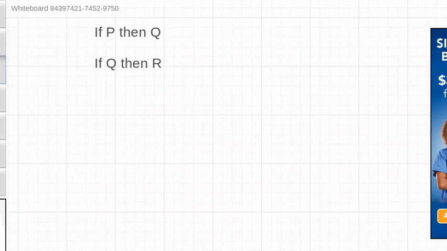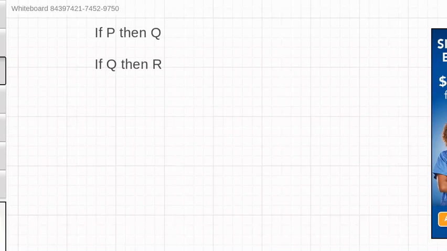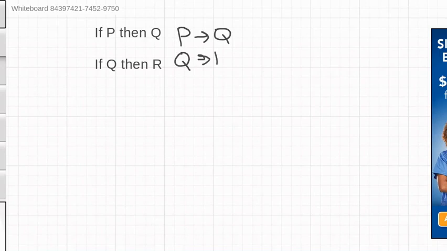Now, let's move on to the law of syllogism. Given the two following statements are true, if P, then Q, if Q, then R, we can conclude if P, then R. This, in symbolic notation, would look like this.